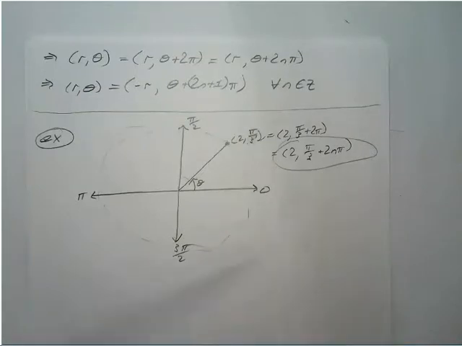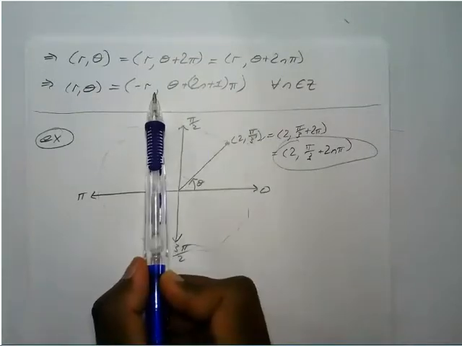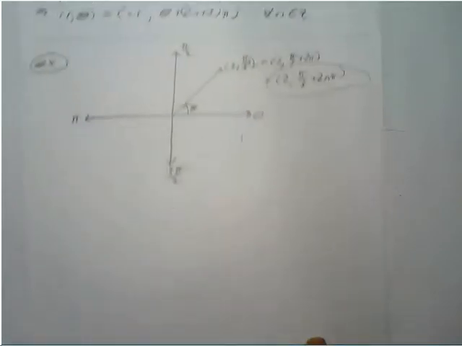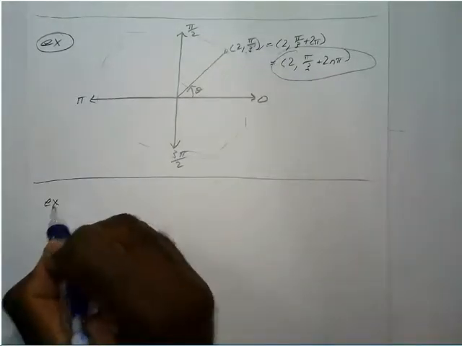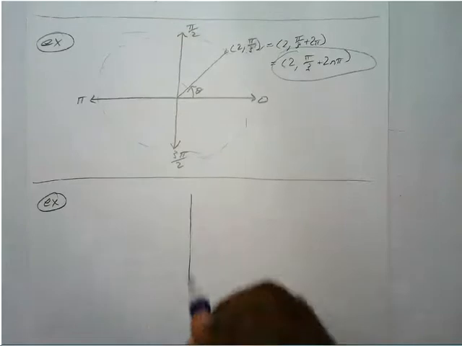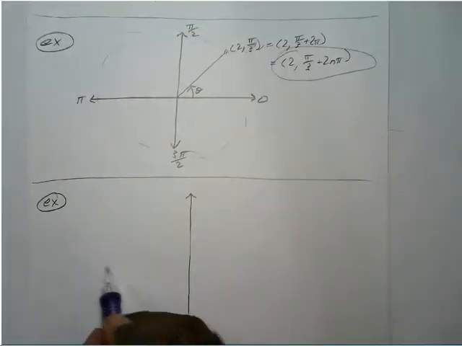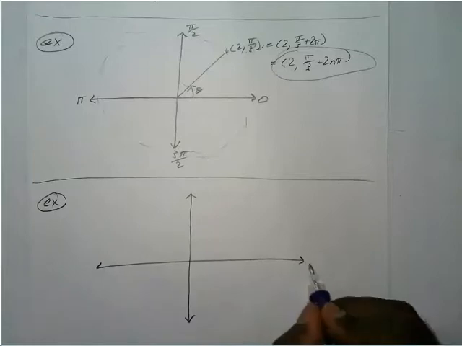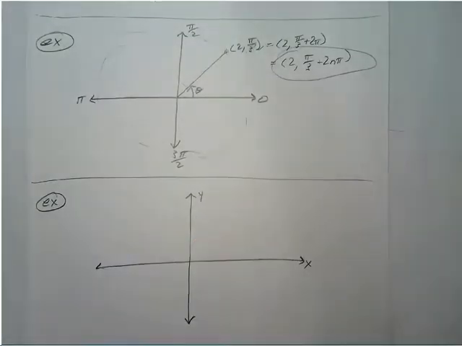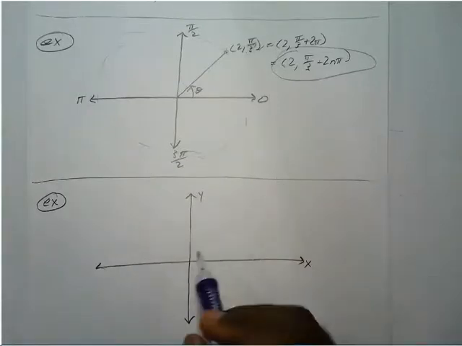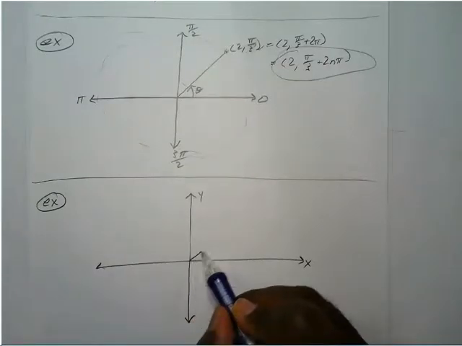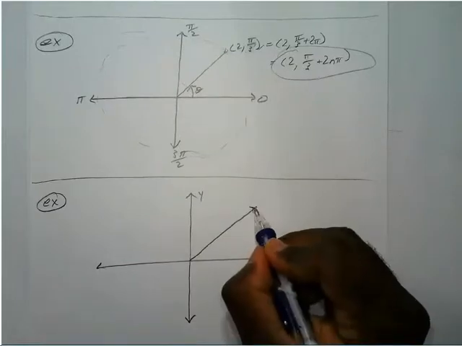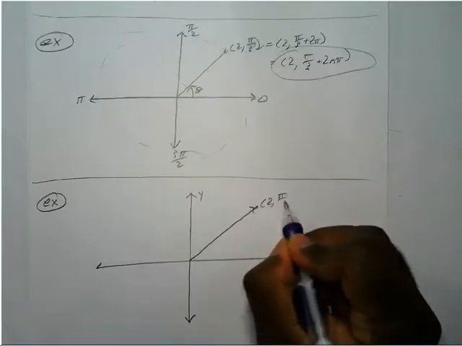Okay, so now let's look at this particular property. Before we do that, let's use this same point, (2, pi over 3).